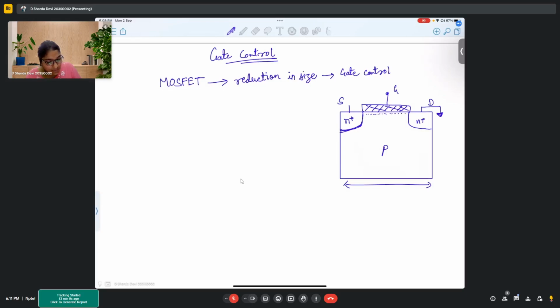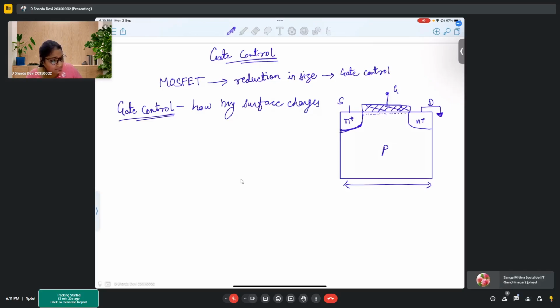If I talk about gate control, it is how my surface charge, this Q, changes with gate voltage. This provides me gate control.